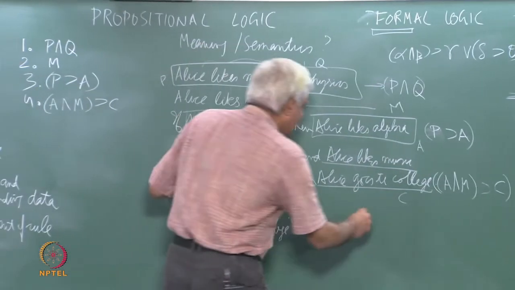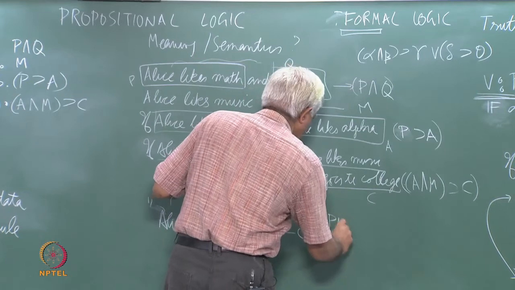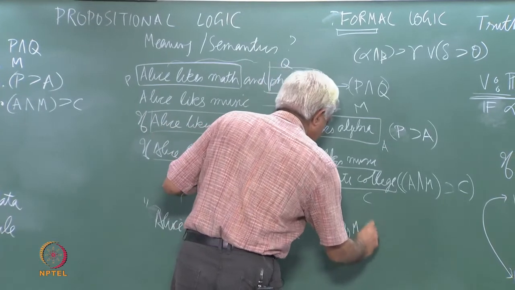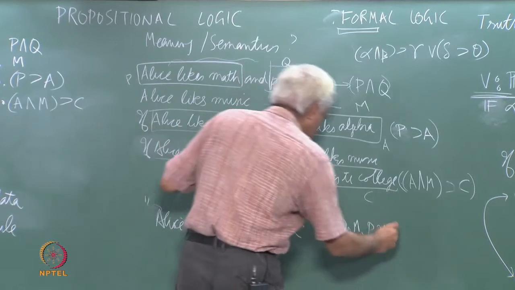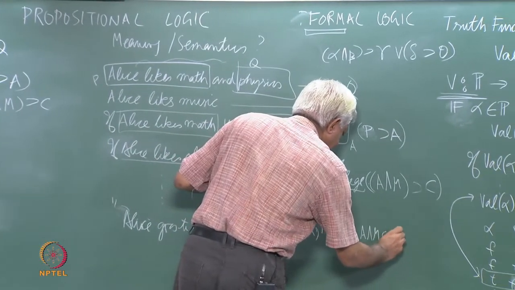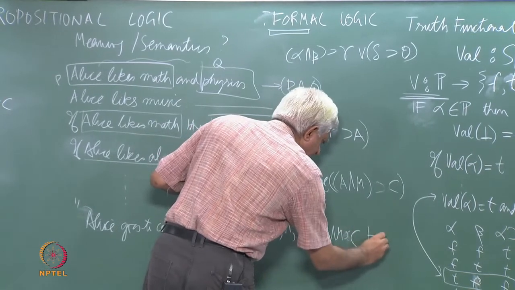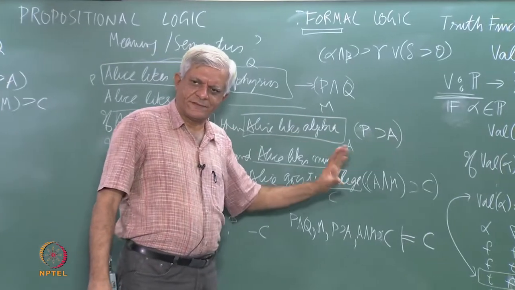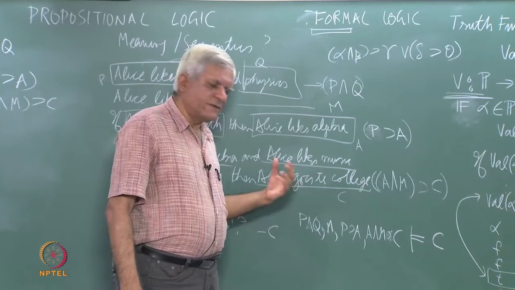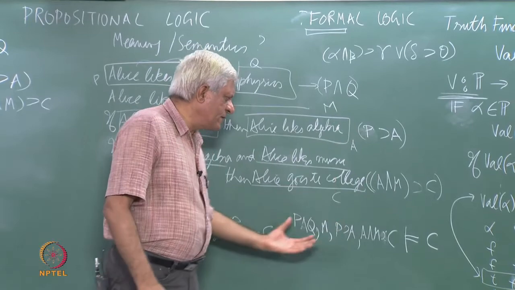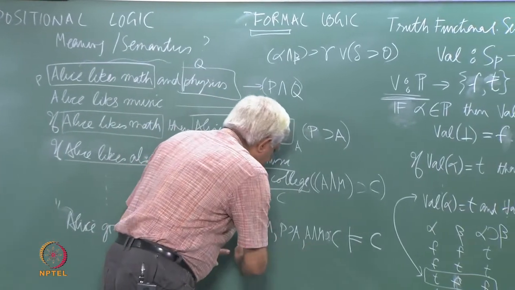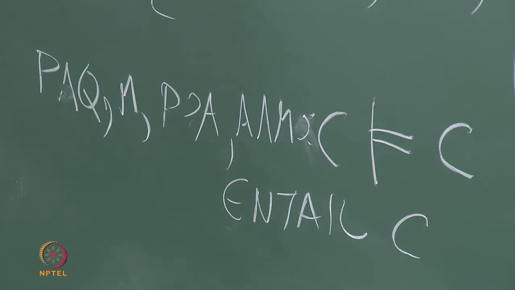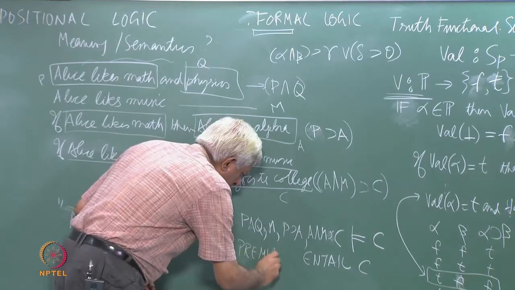We would write this as follows: P and Q and M and P implies A, and this one A and M implies C. Corresponding to the semantics of sentences, we have this notion of truth value, and corresponding to it we are saying that these 4 sentences entail C. What are the premises?